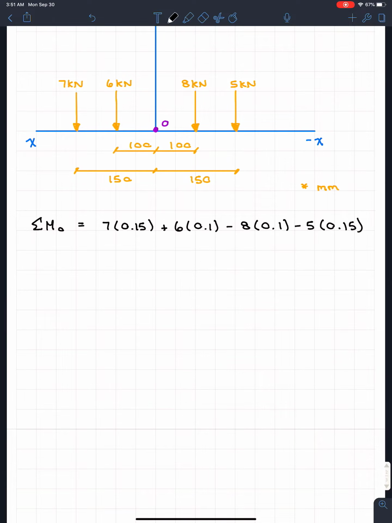Same process as before, and I get a moment of 0.1, and the units would be kilonewton meters.